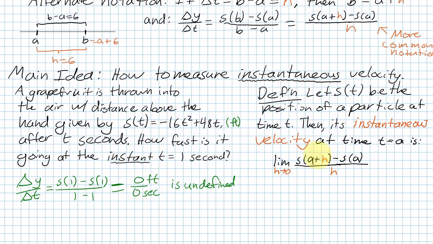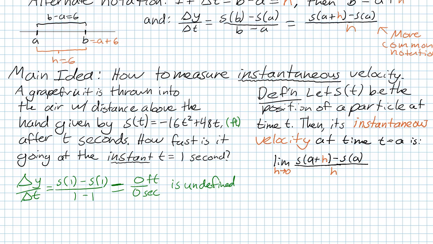And so if you ignore the limit, it's the same thing. But we're taking the limit of this thing, which represents the slope of the position graph between 2 points, or the average velocity, the limit of that slope as h, the distance between those 2 points, gets closer and closer to 0.